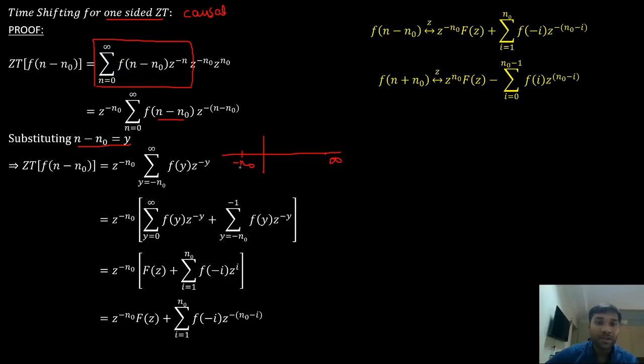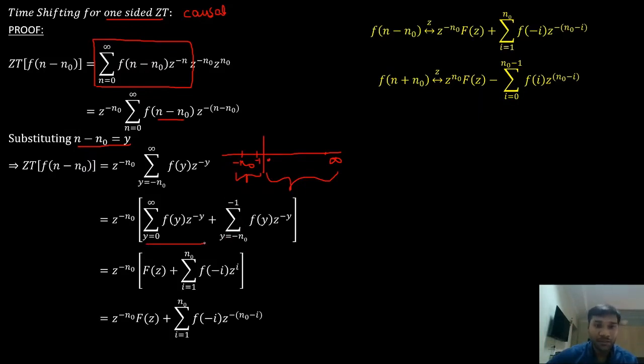Now I'm splitting this summation into two summations, one for the negative values of y and one for the positive values of y. So y from 0 to infinity is my positive values of y, and y from minus n naught till minus 1 is going to be the negative values of y.